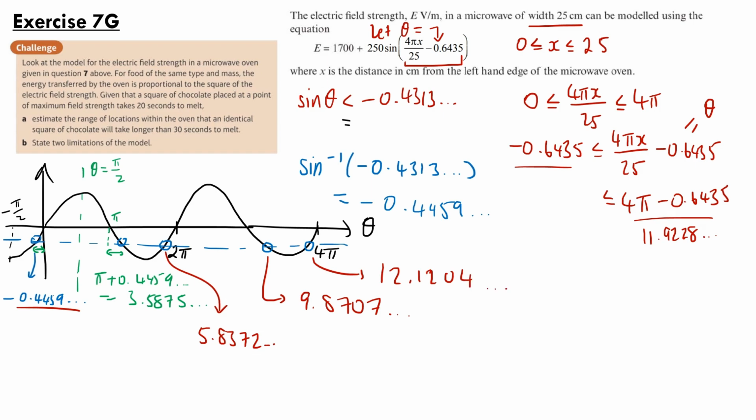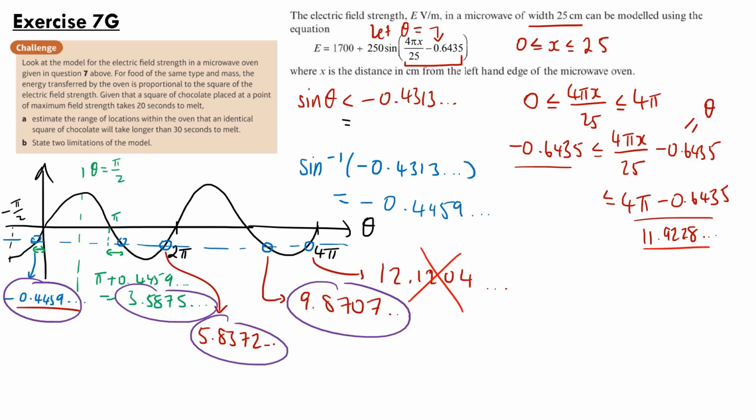So all of these solutions are in the range that we're looking for, apart from the 12.12, which is greater than 11.9228. So we can cross that out. So we've got our 4 solutions for theta, which I'm circling in purple now. And we just need to convert them into solutions in x. So if we have theta being equal to 4 pi x over 25 minus 0.6435, we can rearrange to find x.